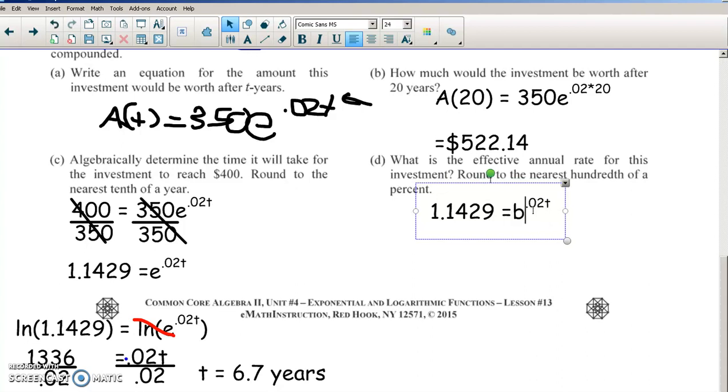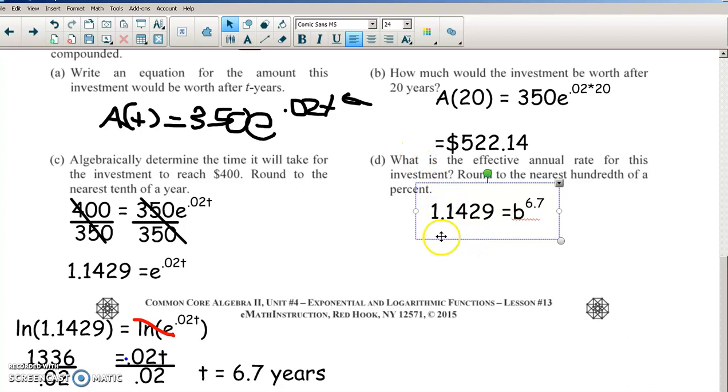What was the base? And the base came from up here, where this wasn't the 0.02 over the time. Now we know that this time was 6.7 years. So now here, let's put in our 6.7 years.